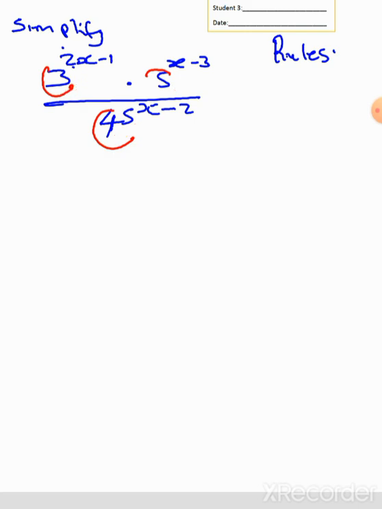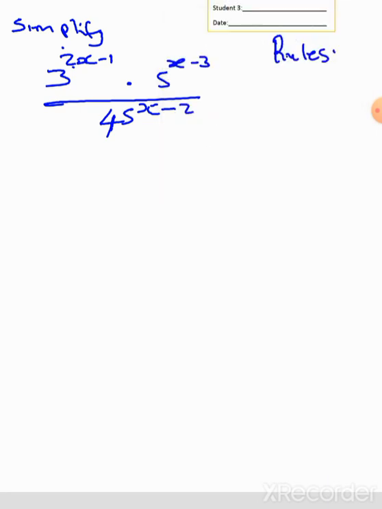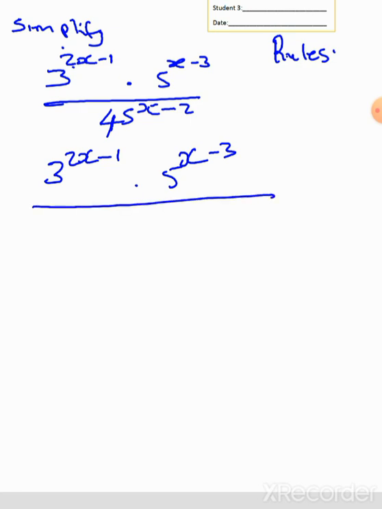Let's do that. So let's rewrite 45. So what that means is we'll say 3 to the power of 2x minus 1 times 5 to the power of x minus 3, over 45. We can write 45 as 9 times 5, all of this to the power of x minus 2.